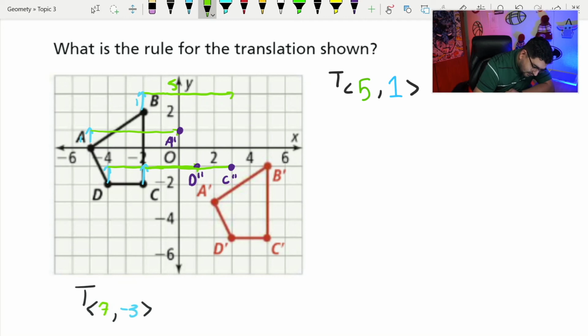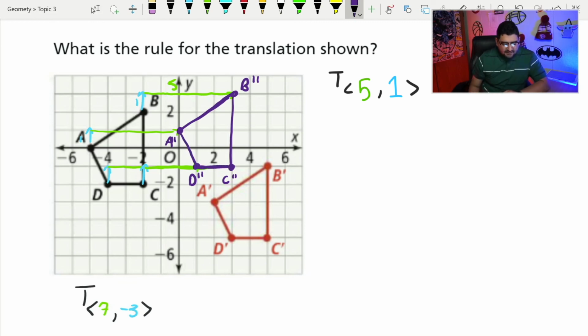So we went to the right 5, up 1, and this would be the location of B double prime. Now we can connect these points. And that's how we actually translate an image.